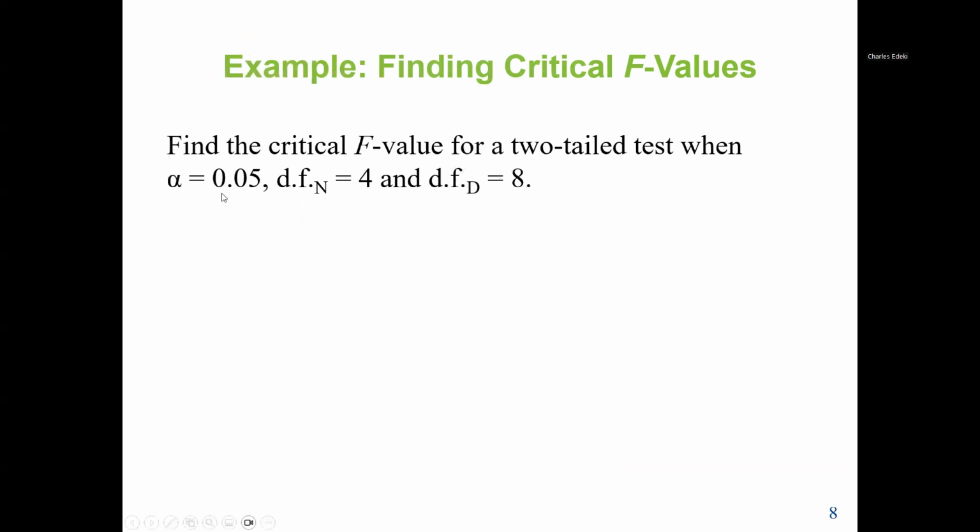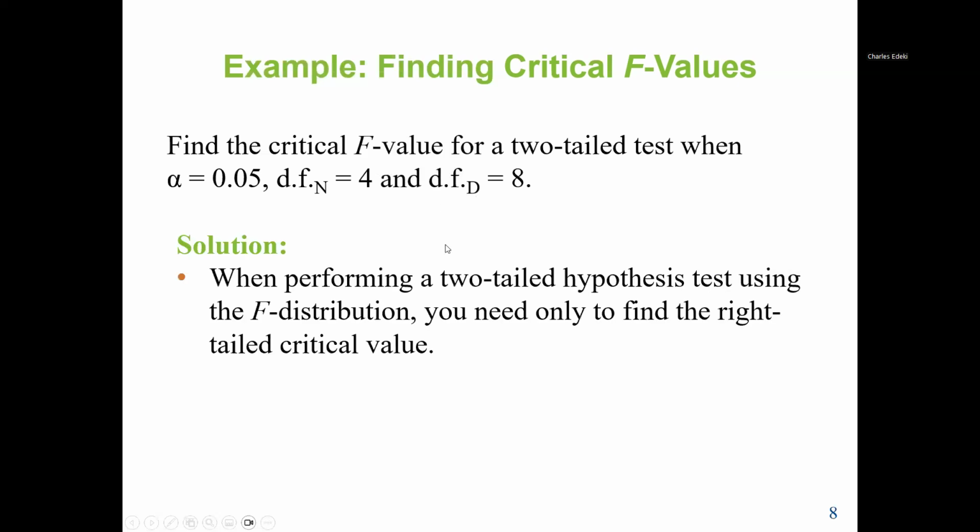Now the next one, they say we have to find the critical F value for two tail. So now we have to use half alpha, two tail. Again, the alpha value is given, and the degrees of freedom are given for the numerator and the denominator. When performing a two-tail hypothesis test using the F distribution, you need only find the right tail critical value.